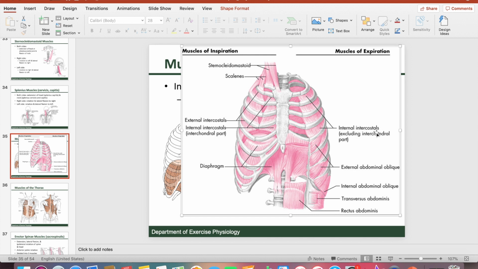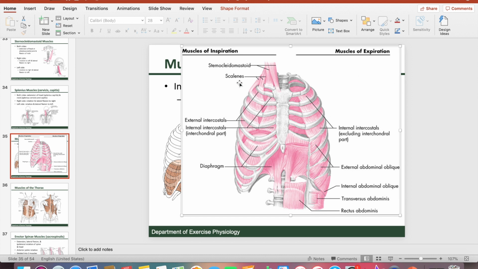Internal intercostals, notice it's a little different between right and left. Then we've got mainly your abdominal muscles: external oblique, internal abdominal oblique, transverse abdominis, and rectus abdominis. You can give this a try at your seat as you're watching this video. Place your hands on your abdominal muscles and try to force air out of your lungs, and you'll feel those abs start to contract in order to do that.